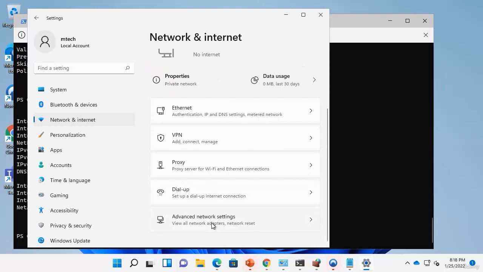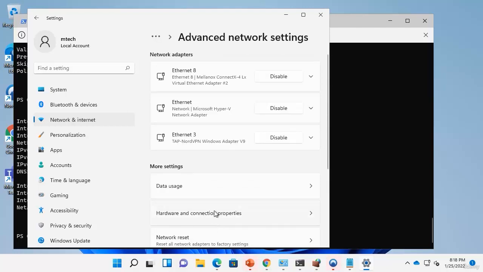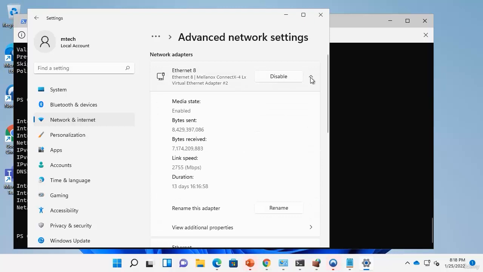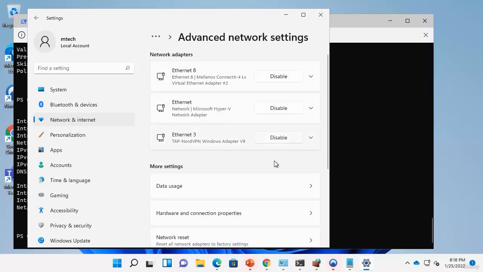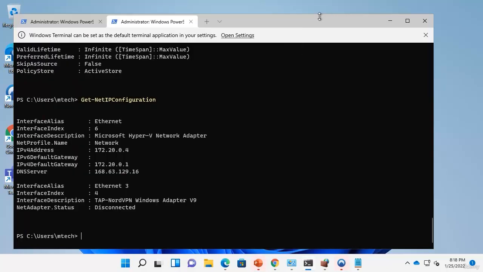But you can go to Advanced Network Settings, and it'll show you these adapters. And then basically, here I can just see information about the adapter and its display. So I guess I should have probably had Windows 10 here, because you can go to the properties, TCP/IP properties, and you can configure the IP address. But this demo is really just to view the IP configuration. ipconfig from a command prompt is going to be your best way of doing that.